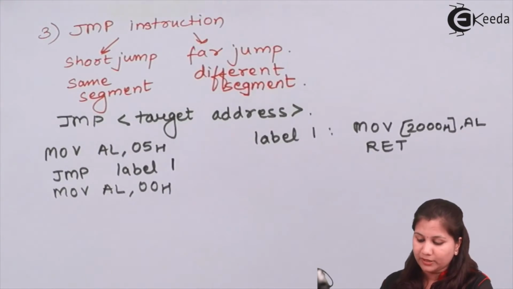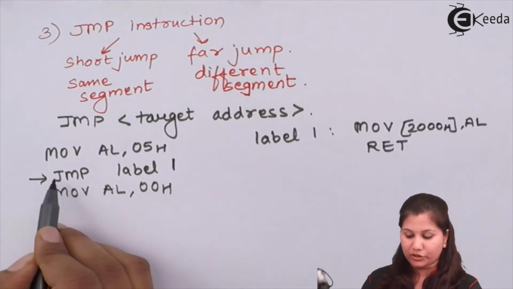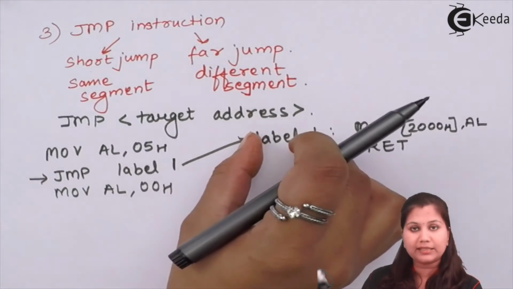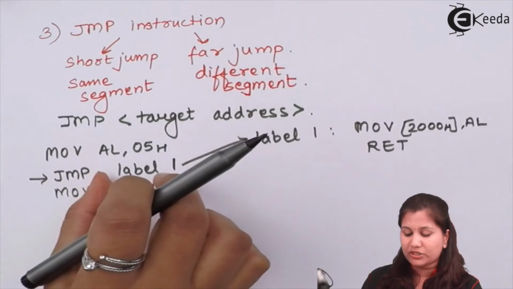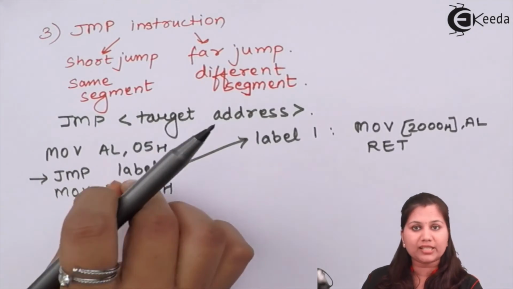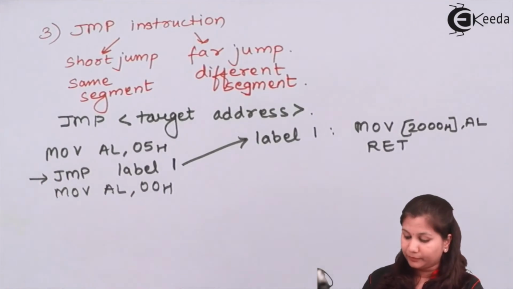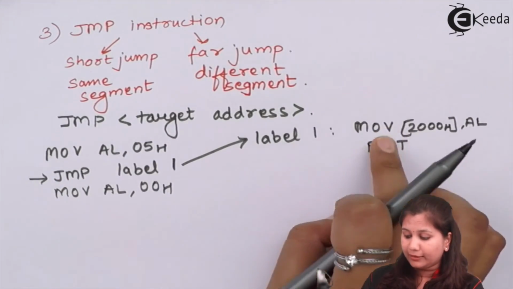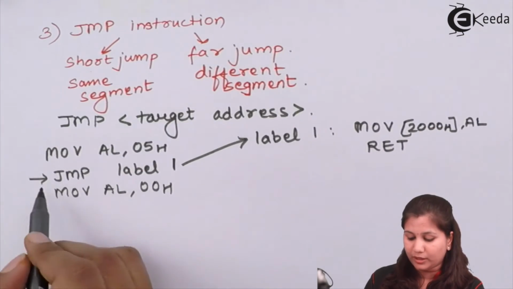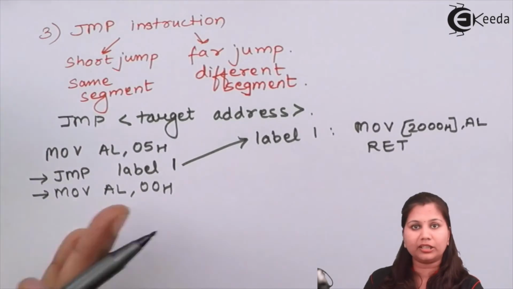So what the microprocessor will do is, when it is executing this jump instruction, it is going to jump to the memory location where this label is given. Label1 is just defining that memory location; here the address will come. At that location this instruction is written, so the microprocessor will store the address of the memory location where the next instruction is written in the stack.